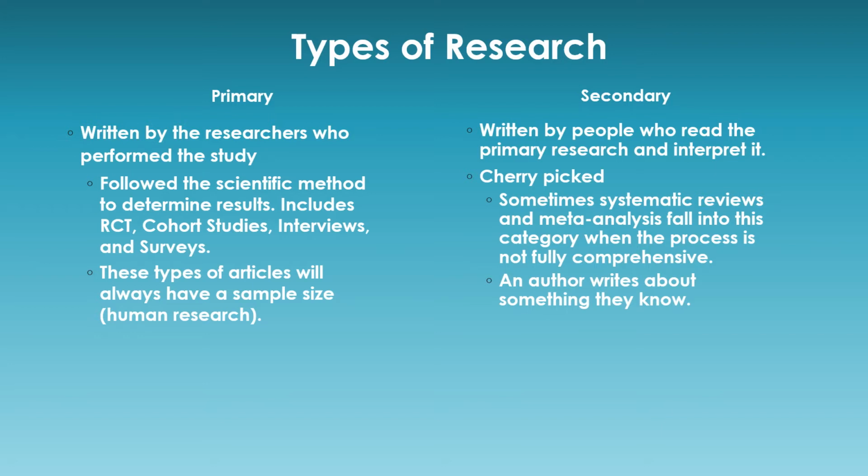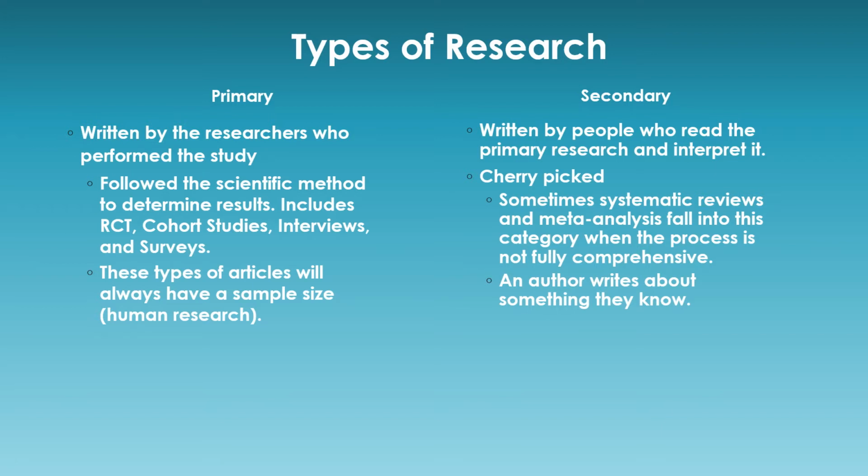The one exception to this, the one type of research that falls into both primary and secondary, is going to be a meta-analysis. The meta-analysis is pretty much the gold standard. It is the article of all articles, and it is where they took research studies and they analyzed those research studies, and they basically performed a study on all of those studies. They compare and they contrast.